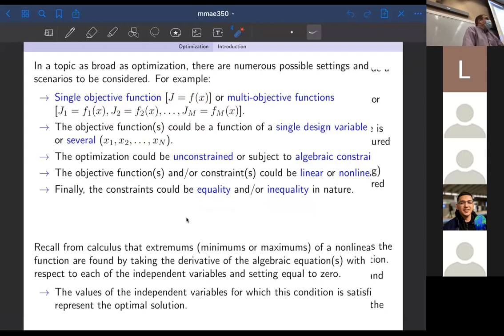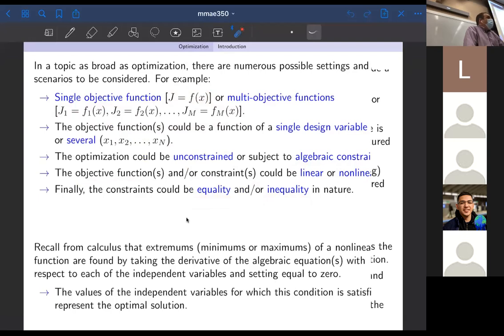It can be anywhere between 0 and that maximum value. So that's an inequality constraint, or it could be an equality constraint. It may be some relationship between the design variables. So for example, maybe the design variables x1 and x2 are related in a way where x2 is always twice x1 for some reason.